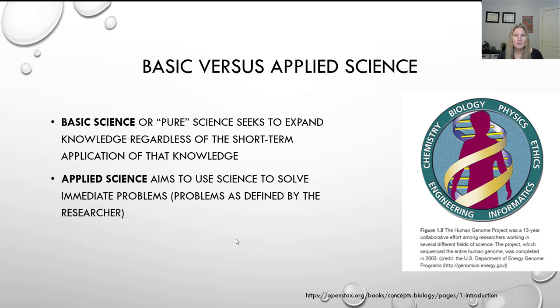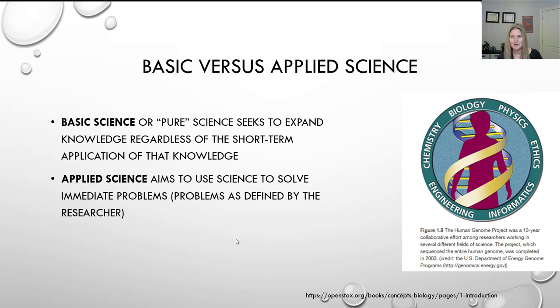When we're thinking about basic science and applied science, sometimes they can be used in conjunction with each other. So for example, we have here in our figure on the right the Human Genome Project. The Human Genome Project was a 13-year collaborative effort among researchers working in several different fields of science.